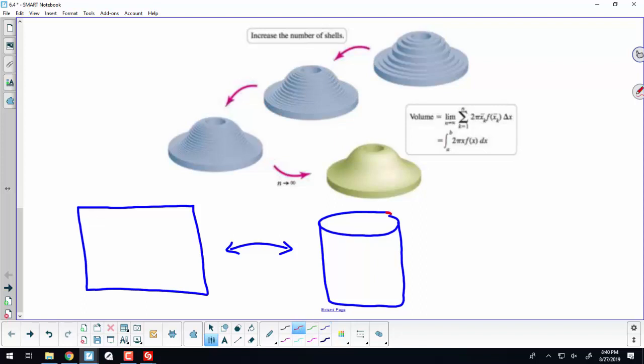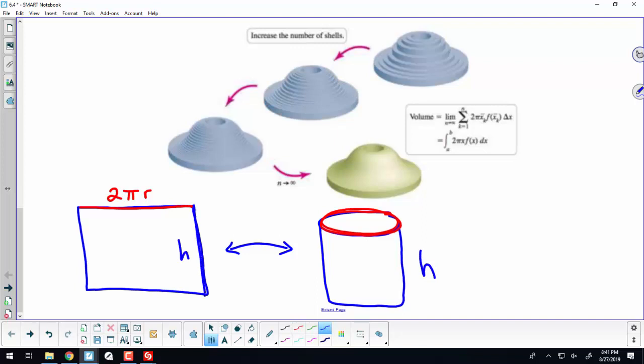Well, if we're going to measure that linear dimension, what would it be? It's 2 pi r, because it's just the circumference of that circle. And then we'll just call this h, the height of the cylinder.